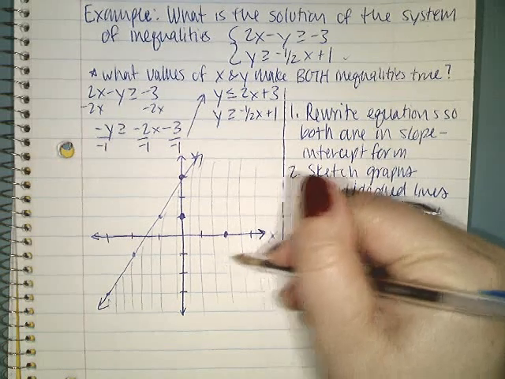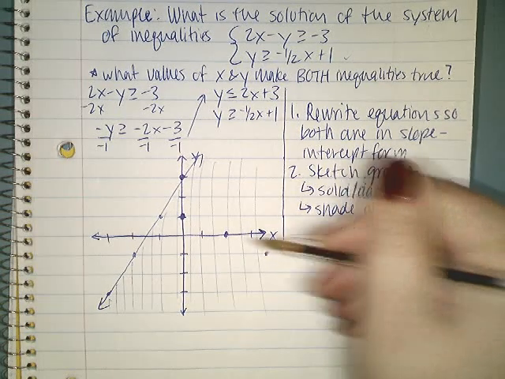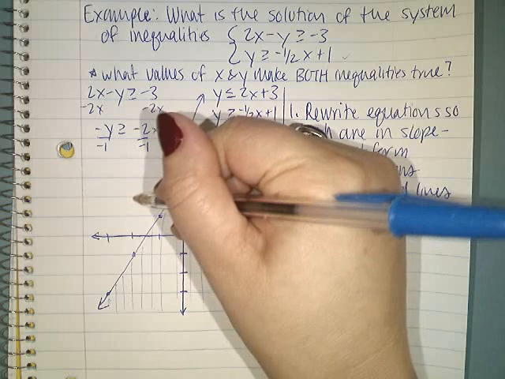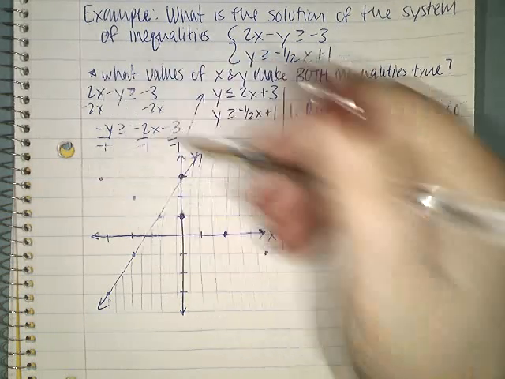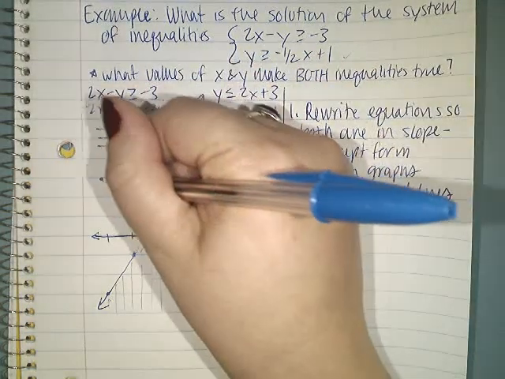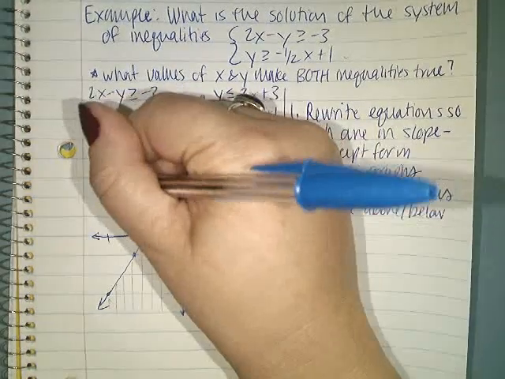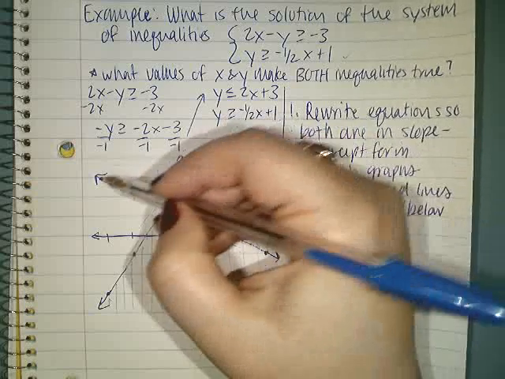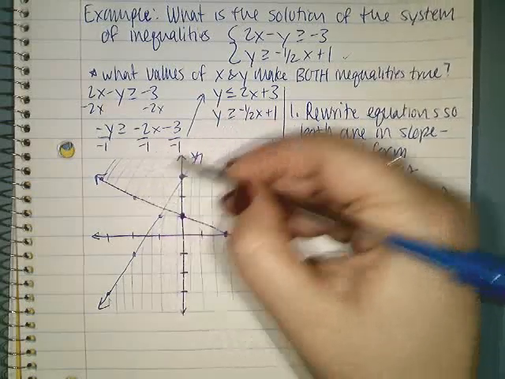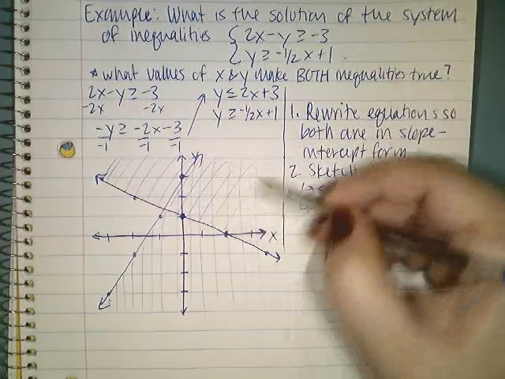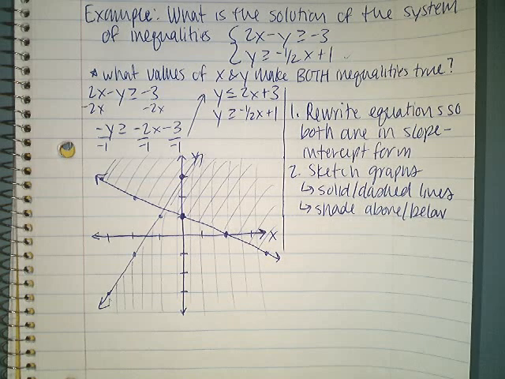So I go down 1 over 2, down 1, and probably be around here. I can go the other way. And then again, it's going to be a solid line since it has the equals to line. This time it's greater than though, so I'm going to shade lightly above. So I'm shading above this time for that line.